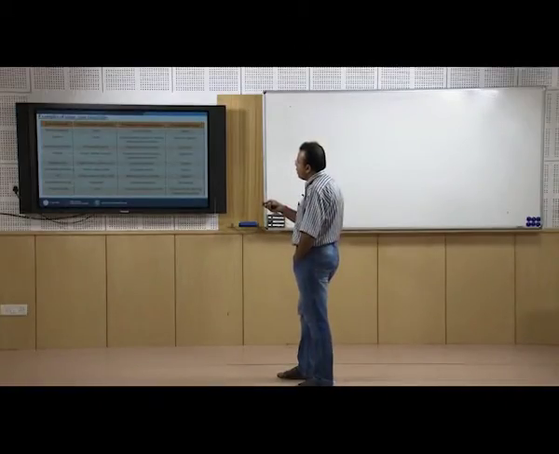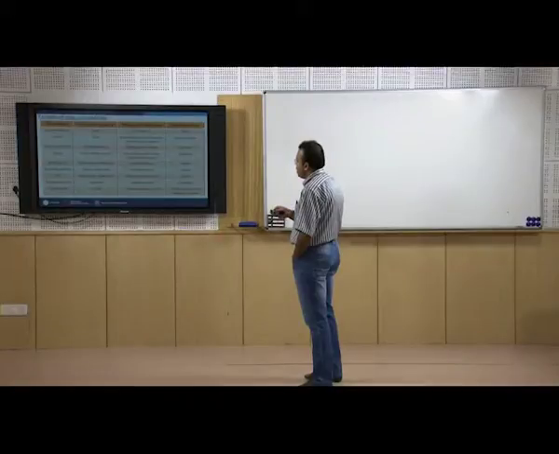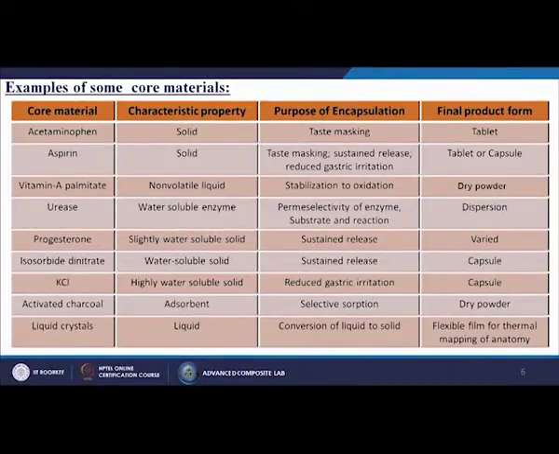Here the core material may be acetaminophen, aspirin, vitamin A palmitate, urease, progesterone, some kind of hormone, then isosorbide dinitrate, potassium chloride, activated charcoal, liquid crystals. Acetaminophen is generally a solid, aspirin is also a solid, vitamin A palmitate is a non-volatile liquid, and potassium chloride is a highly water-soluble solid.